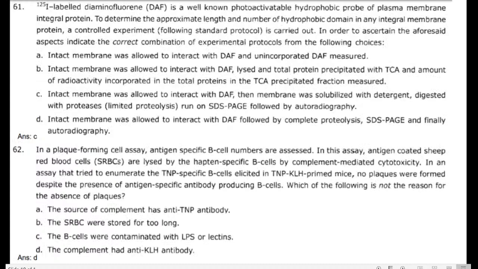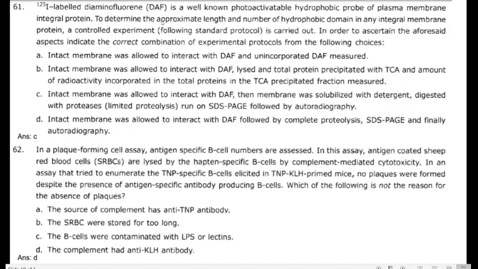Okay, next concept is I-125 labeled diaminofluorene. It's a well-known photoactivatable hydrophobic probe of plasma membrane integral proteins. Hydrophobic is the very important thing.